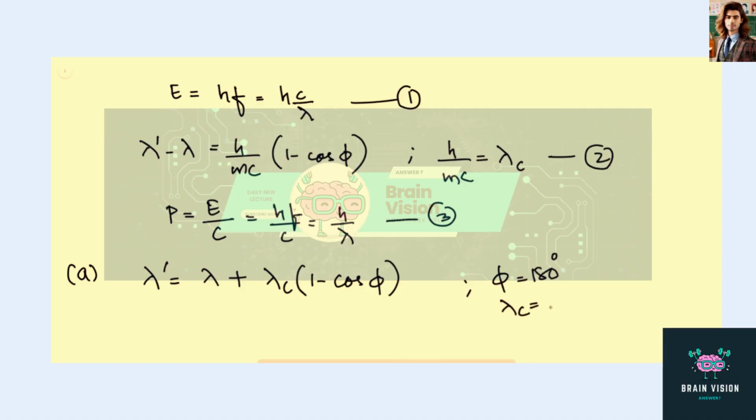Lambda c is h over mc. h is Planck's constant, and this is equal to 6.626 times 10 to the power minus 34 joule seconds. m is 9.1 times 10 to the power minus 31 kg. c, being the speed of light, is equal to 3 times 10 to the power 8 meters per second.